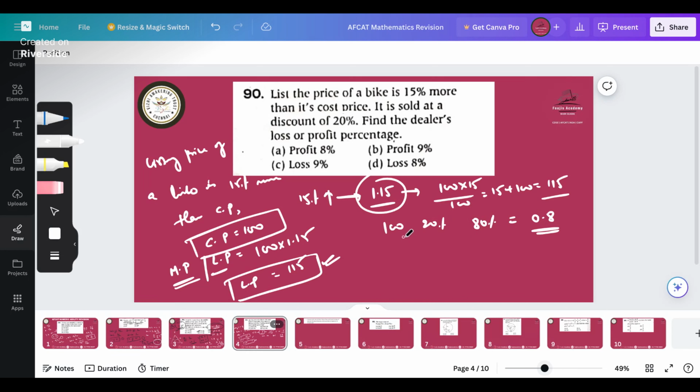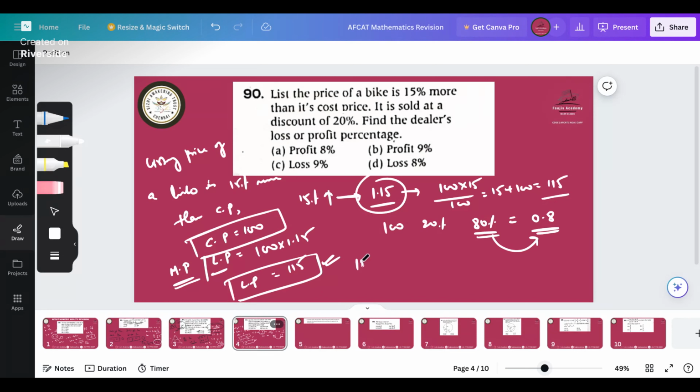This is what I've been talking about throughout my classes, this multiplying factor. This is what you need to remember. The usage of this is everywhere: percentage, ratio, proportions, decimal fractions, you can use it there also, right? So 80% is nothing but 0.8. This was the exact pain we were taking to understand this multiplying factor.